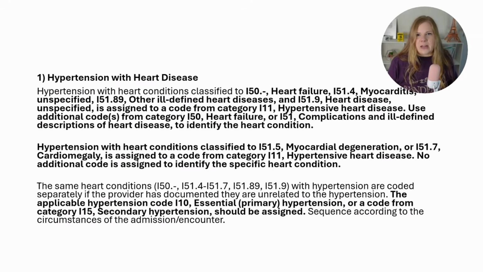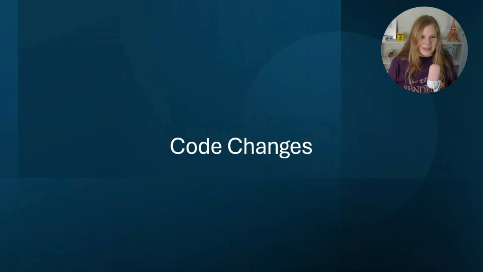This update helps coders rely more on the documentation rather than just assuming, and it outlines the specific conditions that need to be related in order to assign the I11 code.